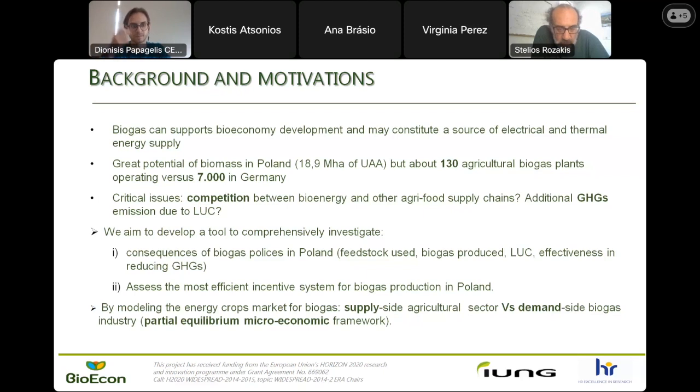The instrument is modeling dedicated energy crops complementary to residues. So we developed a supply-side agricultural sector model and then combined it with the demand-side biogas industry.